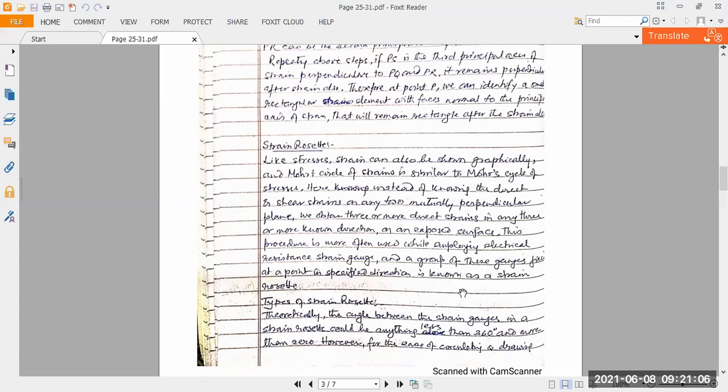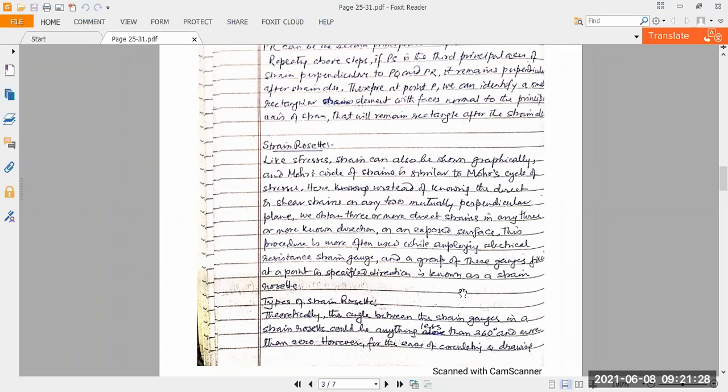So we considered a prismatic block, and it contains an intersecting plane which intersects the prismatic block at an angle theta, with two mutually perpendicular axes.